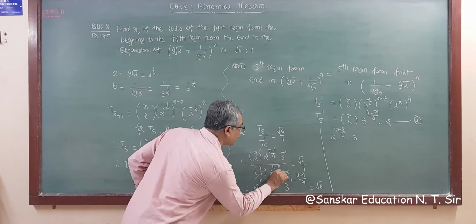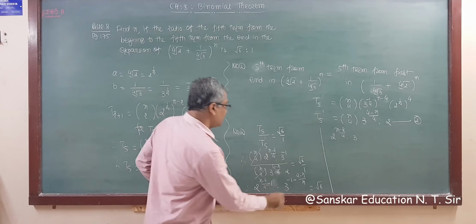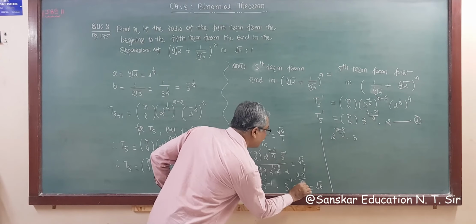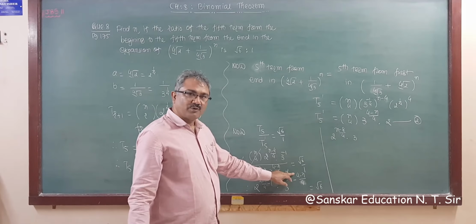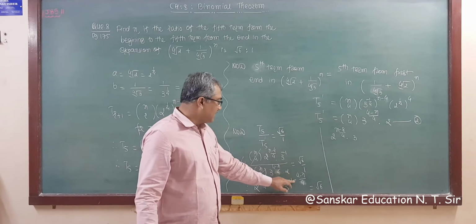So what we get is 3 raised to (n minus 8) divided by 4, equal to 6 raised to root, that is half power.